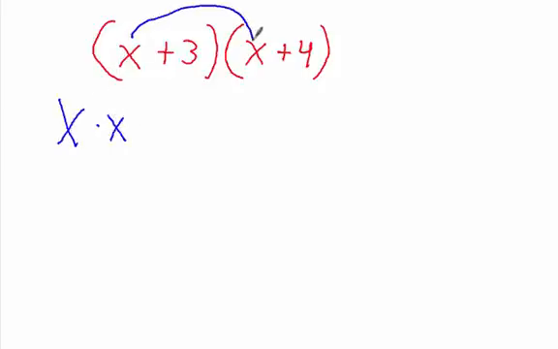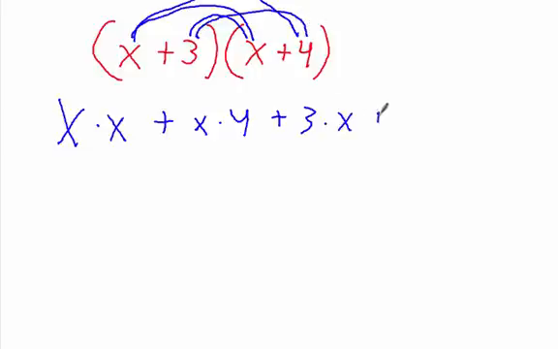That's the first multiplying we're going to do, x times x. And we're also going to do x times 4, so plus x times 4. Then we're also going to do 3 times x and 3 times 4. So now we've done our distributive property twice. We've taken x and distributed it, and we've taken 3 and distributed it.